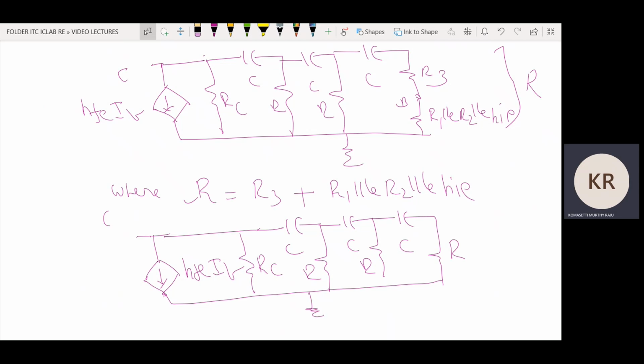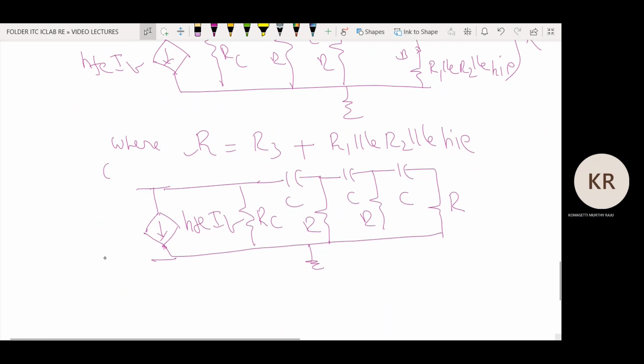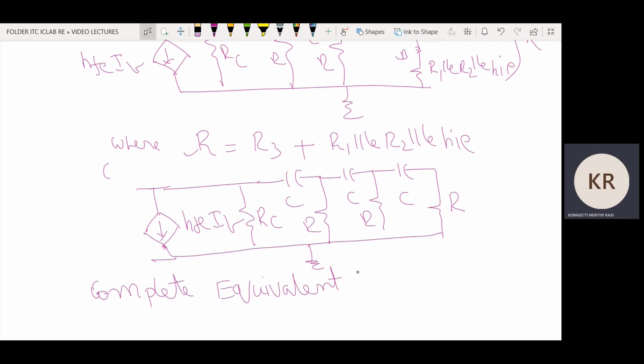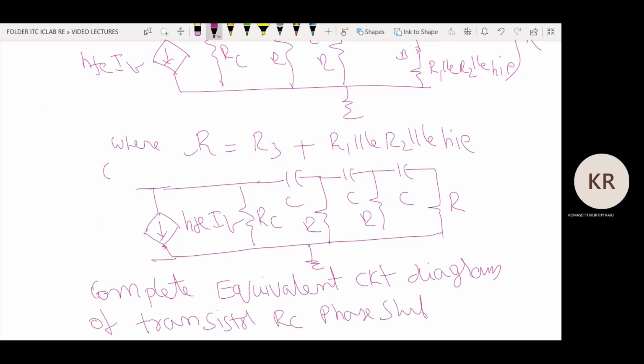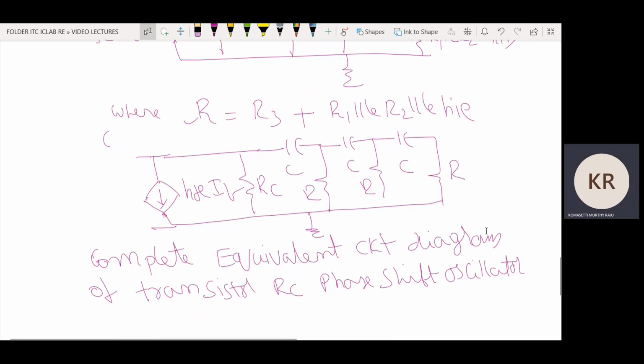This is the complete equivalent circuit diagram of transistor RC phase shift oscillator. Okay, equivalent circuit diagram completed.